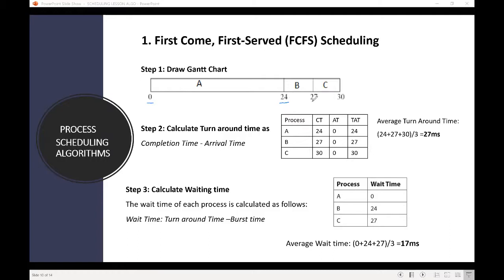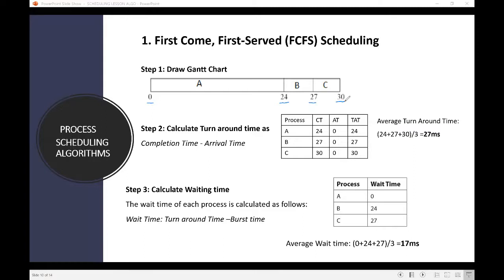Then process C will begin, and process C will spend 3 milliseconds, and it will complete at 30 milliseconds. That is the first step: you have to draw the Gantt chart showing when each and every process is going to complete.